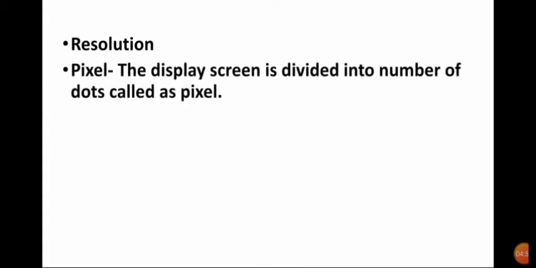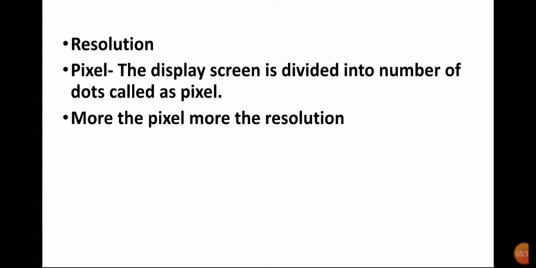What is meant by pixel? A pixel is a dot present on your screen, on your monitor. The individual dot is known as a pixel. The whole display screen is divided into a number of dots, and those dots are known as pixels.